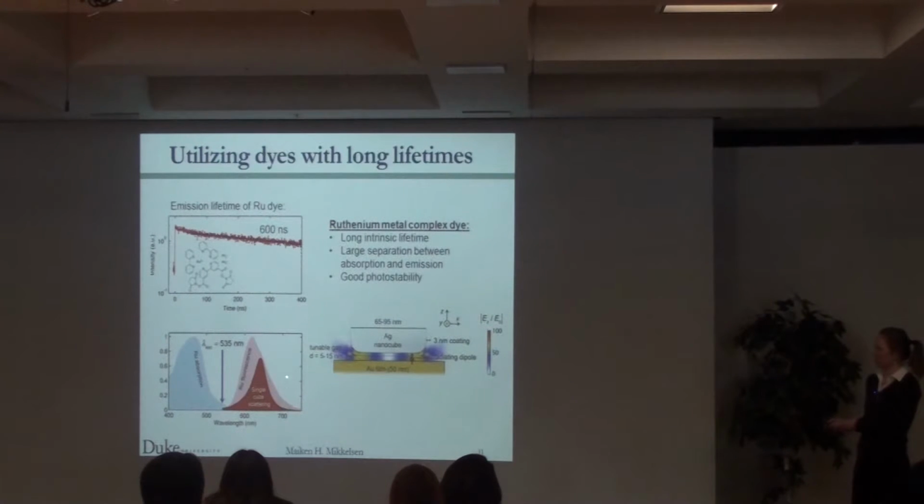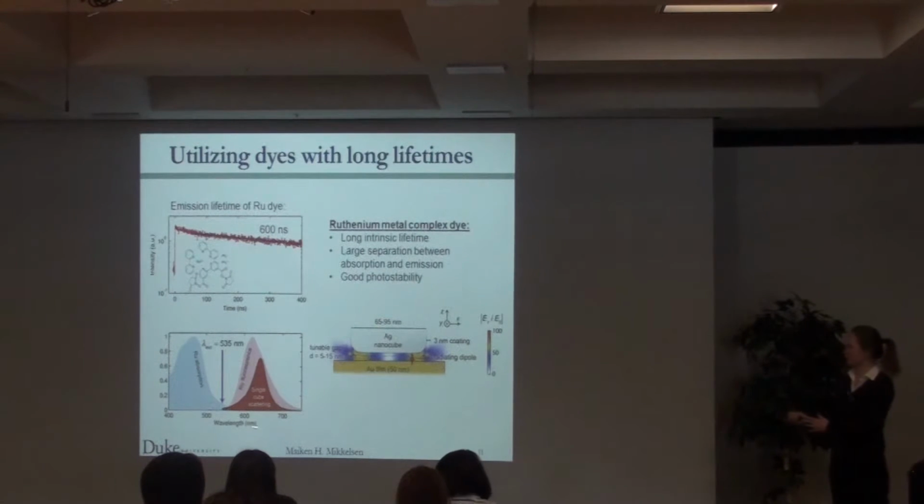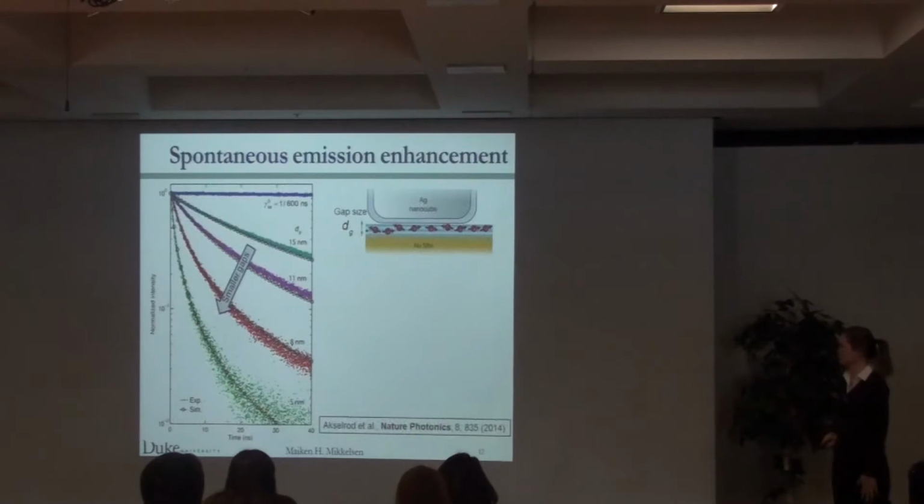So we overlap the resonance of our plasmonic structures with the emission, because we predict that the largest enhancement in the spontaneous emission occurs when we are enhancing the emission as opposed to enhancing the absorption, as we did with the Cy5 dye molecules a couple of slides back. We modify the gap size, and then we adjust the size of the cube so that we always have a fixed resonance at 630 nanometers to be overlapped with the emission.